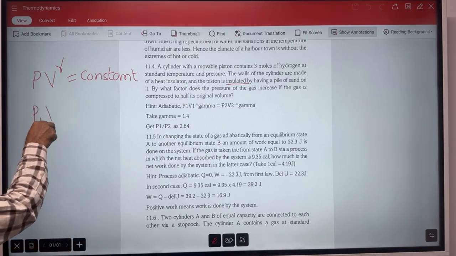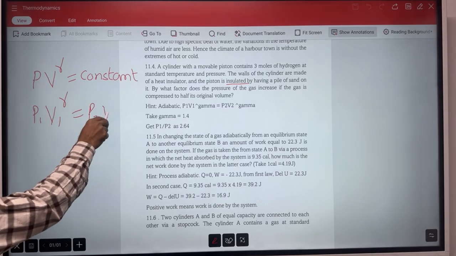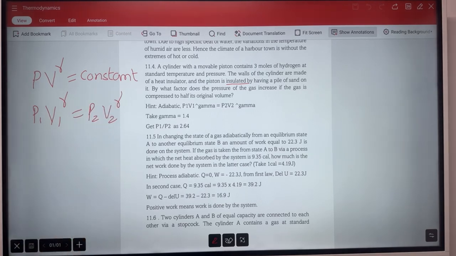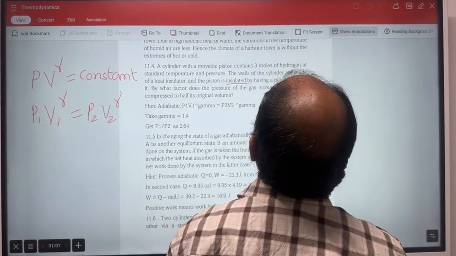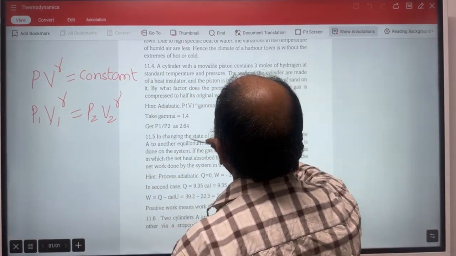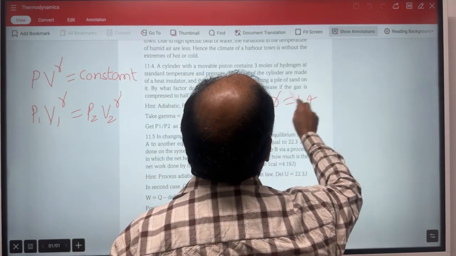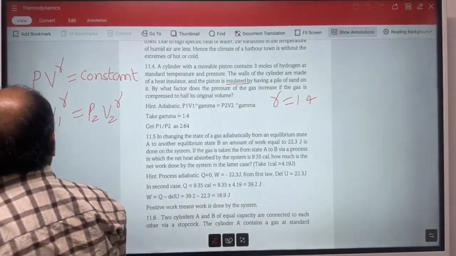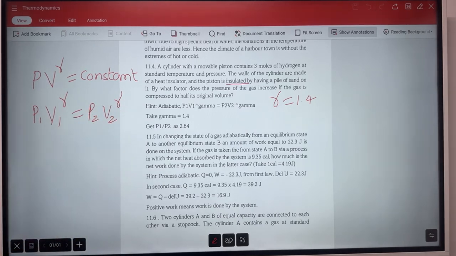We can write P1 V1 power gamma equal to P2 V2 power gamma. Right. And in our question, information is given. If not given, we can take here 1.4 as gamma. So there should be information about this question. Okay. Now here what is happening?